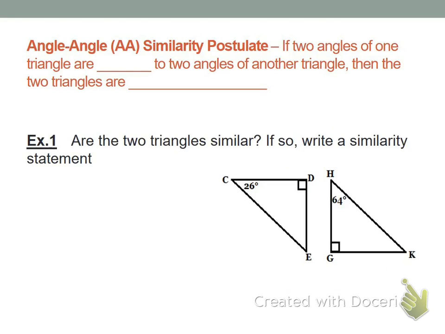The angle similarity postulate states that if two angles of one triangle are congruent to two angles of another triangle, then the two triangles are similar. Remember, we cannot be confusing the idea of being similar with being congruent.